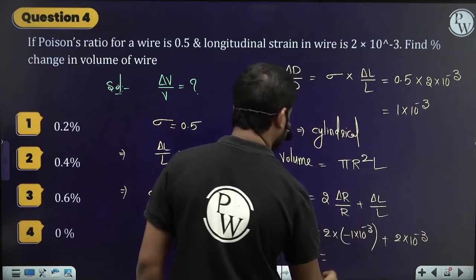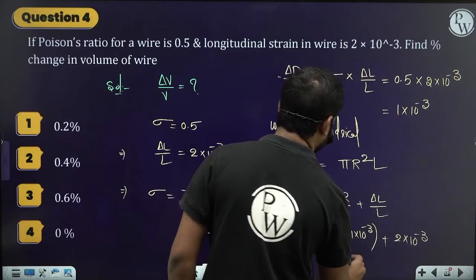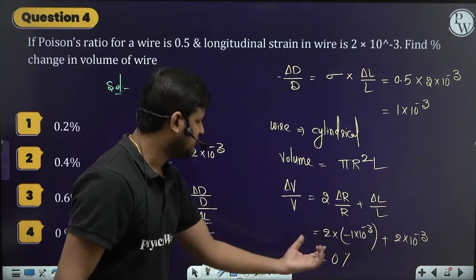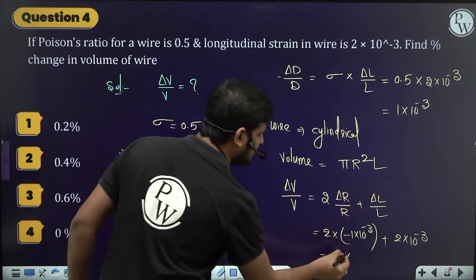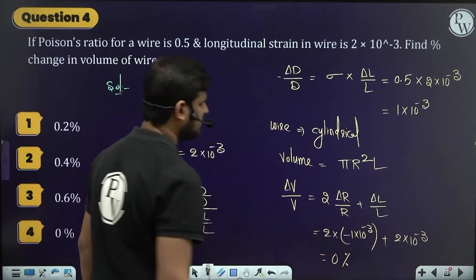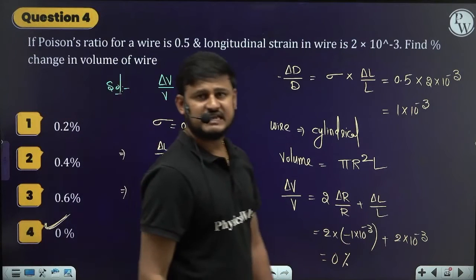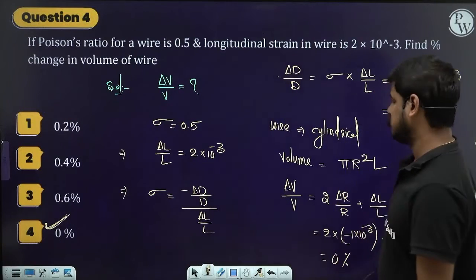So minus 2 into 10 to the power minus 3 plus 2 into 10 to the power minus 3 both get cancelled. So this is going to be 0%, and option 4 is the correct one. Clear guys? Understood?